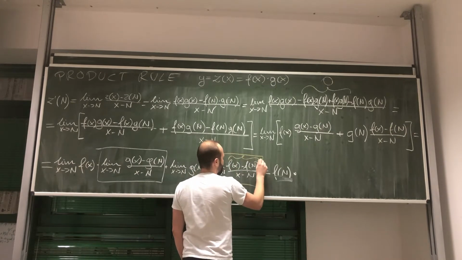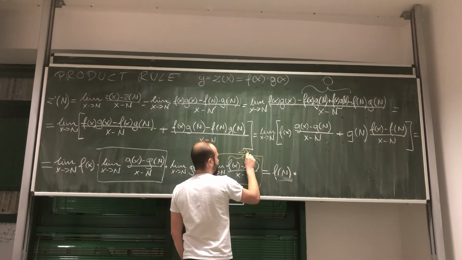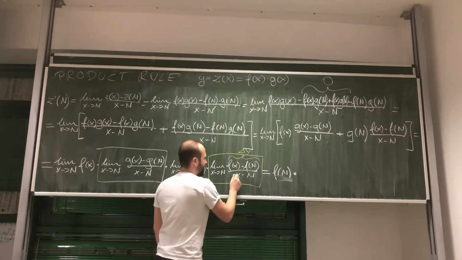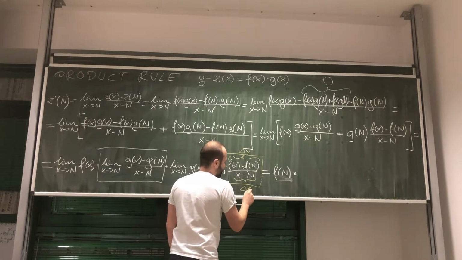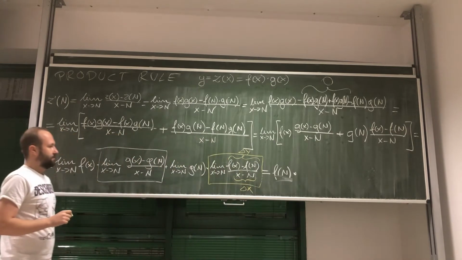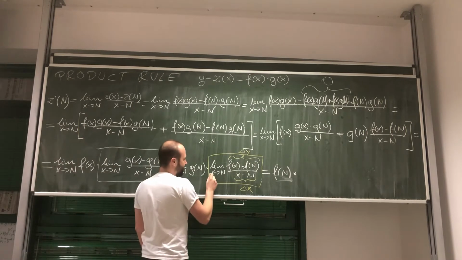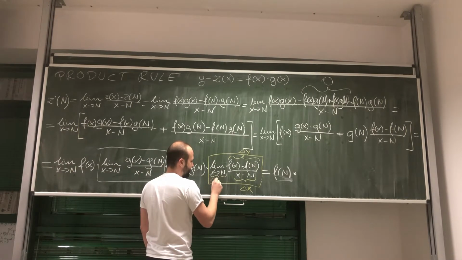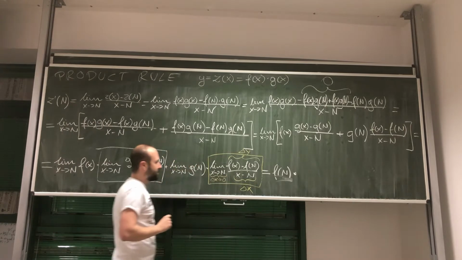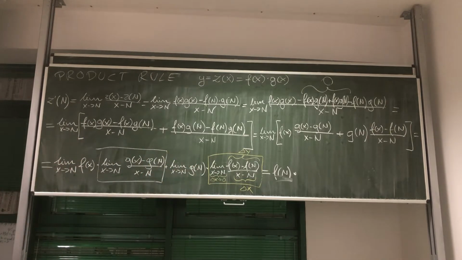At the top, we have delta y. And what do we have at the bottom? Delta x. And in this setting, this can be thought of as delta x approaching 0. This is a limit with delta x approaching 0 of f of x. So this is the definition of the derivative, f prime of n.